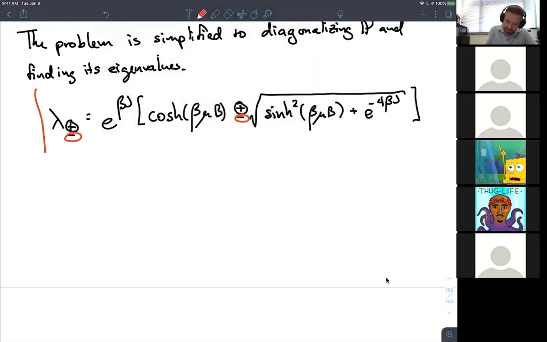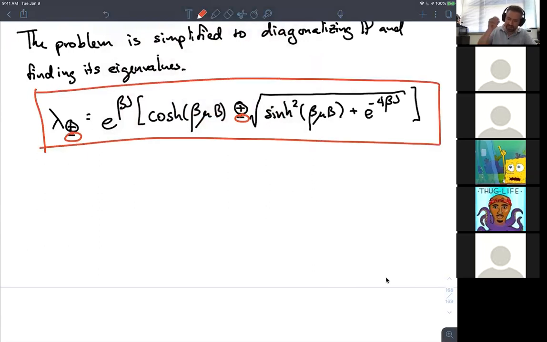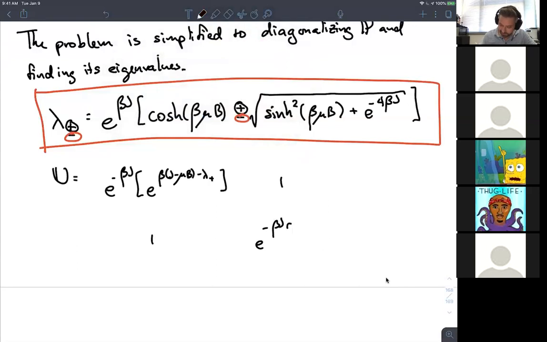All right, so these are our eigenvalues. And by the way, the matrix U, which diagonalizes P, you can find to be this: e to the minus beta J, e to the beta J minus mu B minus lambda plus; 1, 1; e to the minus beta J, e to the beta J plus, I believe, mu B minus lambda minus.